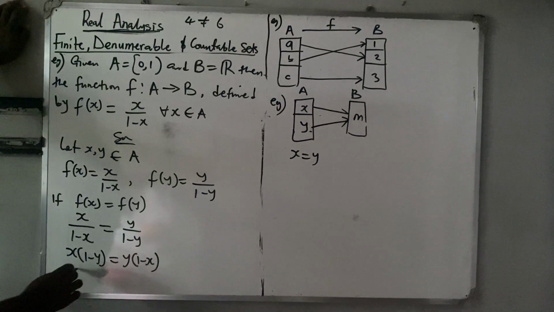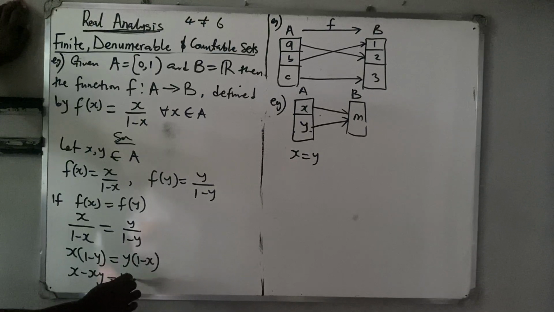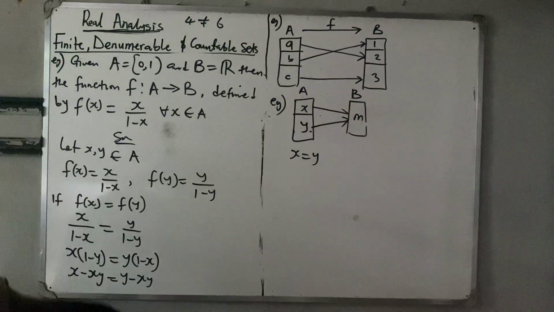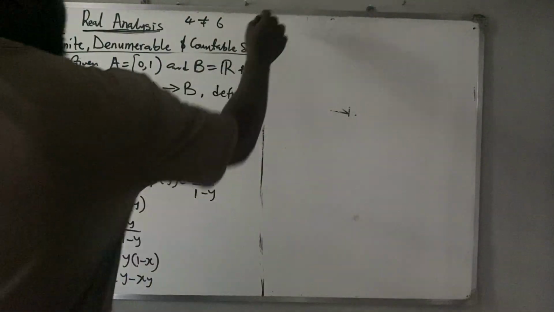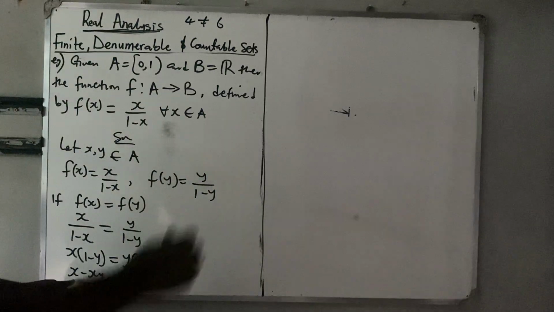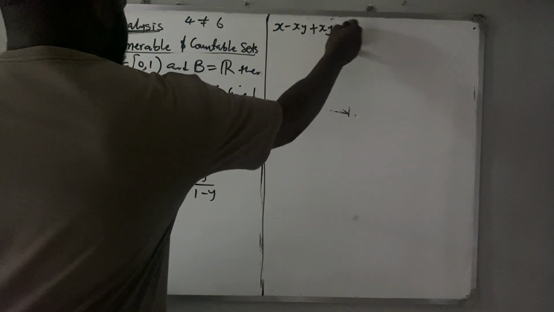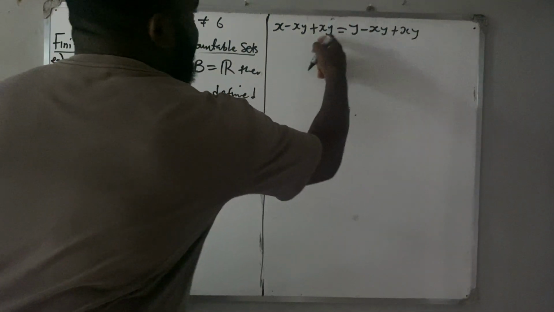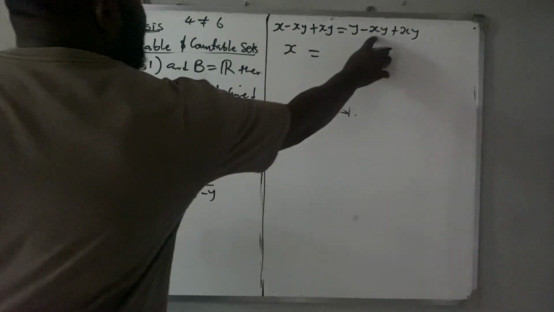So we have x minus xy is equal to y minus xy. If I add xy to both sides, I have x minus xy plus xy is equal to y minus xy plus xy. So this and this is gone. I am left with x is equal to y.